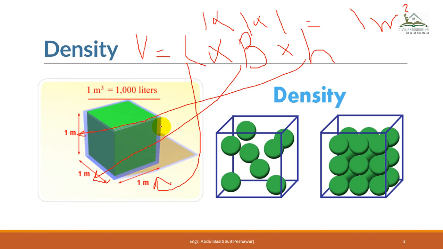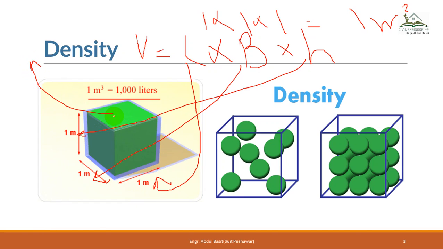And moving further, if this cube is filled with water or some liquid, what will be the weight, what will be the mass of that substance that can fill this cube? For example, if it is water, the mass of this water that is filling this cube will be equal to the density of water.